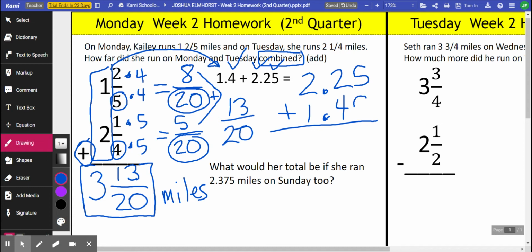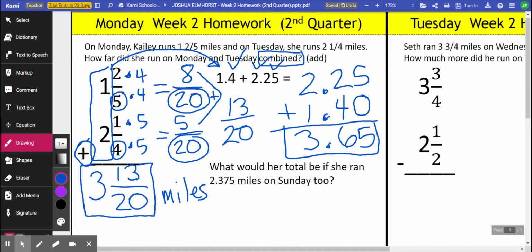Since there's nothing here for the hundredths, then we put in a 0, then we go ahead and add. 5 plus 0, 2 plus 4, bring your decimal down, and then 2 plus 1 is 3. So the decimal value, 3.65, is actually equal to 3 and 13 twentieths. So if we divided 65 by 5 and simplified it, that would give us 13.